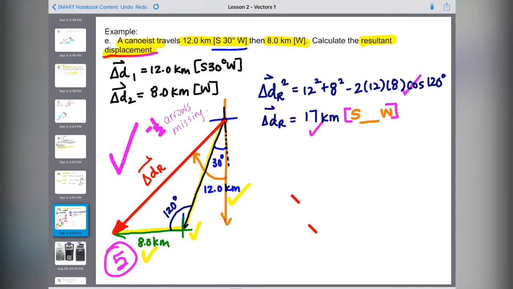So how do I find the angle? Do you see how initially it has 30? So to find the angle, it's going to be 30 degrees, adding to whatever this angle is, which I do not know yet. I'm going to say that this is angle theta. And to find angle theta, I need to use my triangle and solve for that.